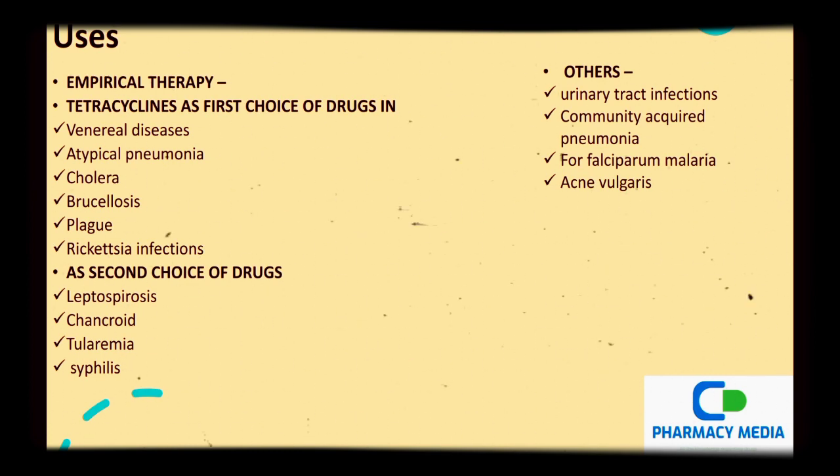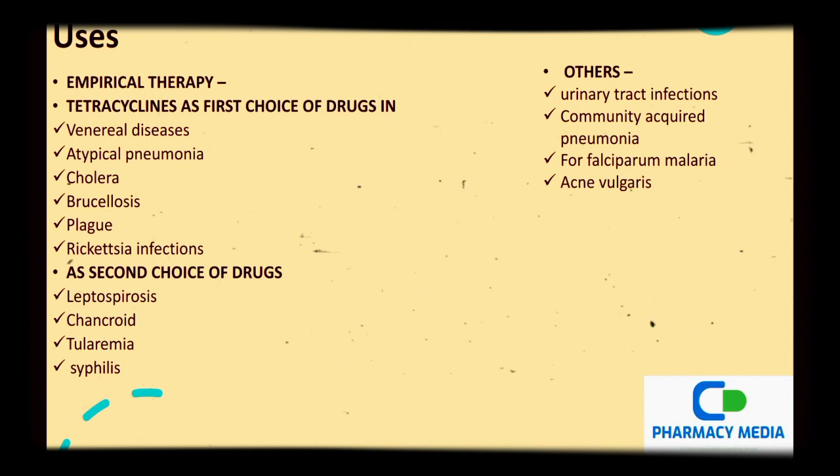In the case of plague, tetracyclines are effective in both bubonic and pneumonic plague, and they are preferred as a blind mass treatment for this disease. In rickettsial infections, typhus, Rocky Mountain spotted fever, Q fever, etc., it responds very dramatically, but chloramphenicol is also an alternative if tetracyclines don't work.